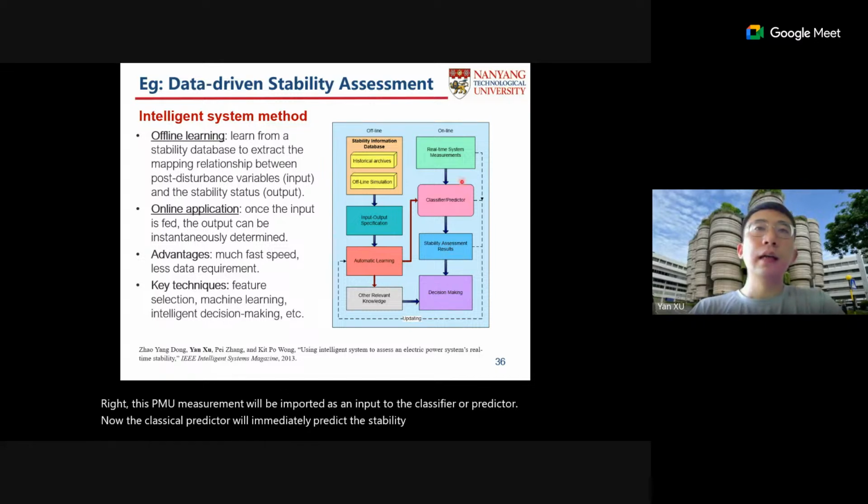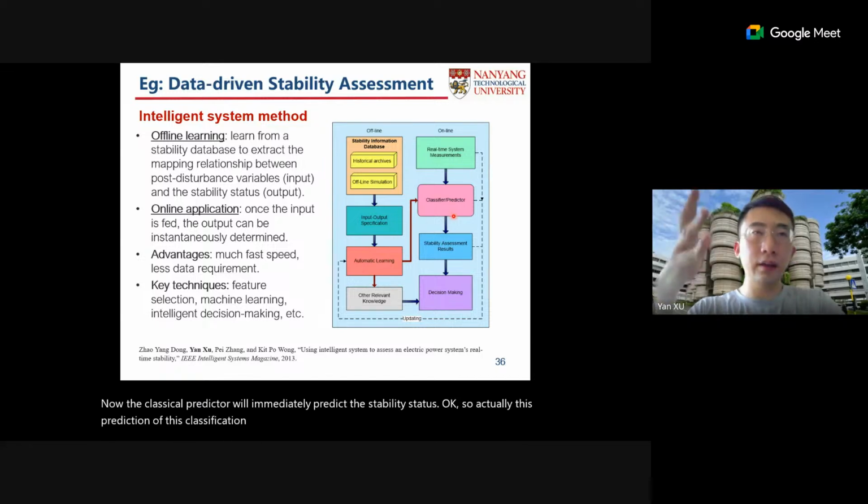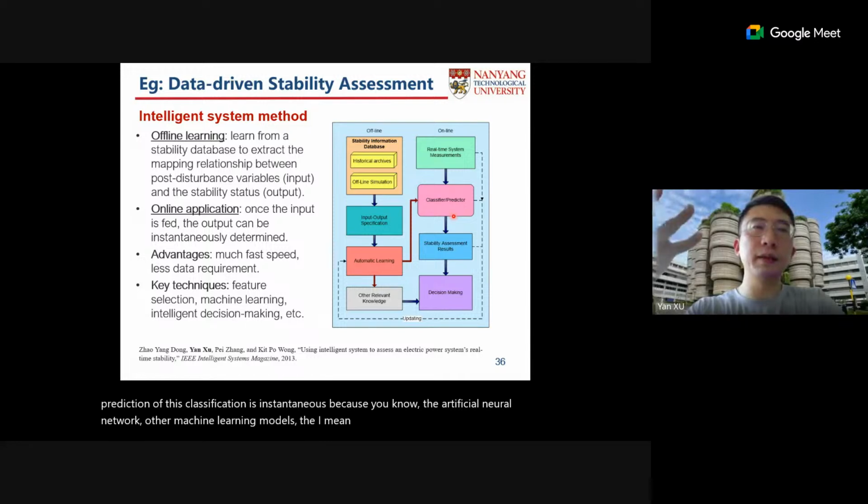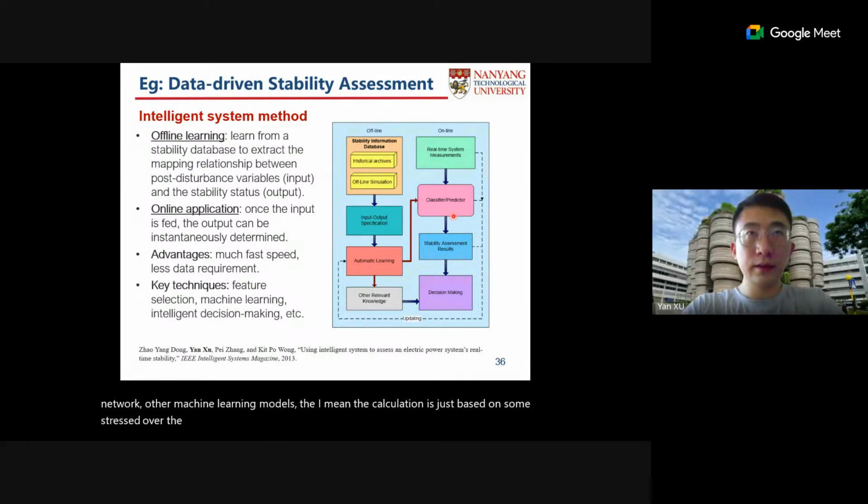Actually, this prediction or classification is instantaneous, because for the artificial neural network and other machine learning models, the calculation is just based on some straightforward matrix operations. So they can directly give you an output within 0.01, even 0.1 second, very, very fast.